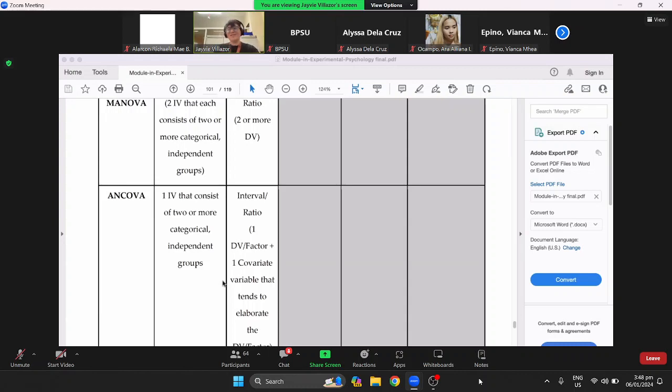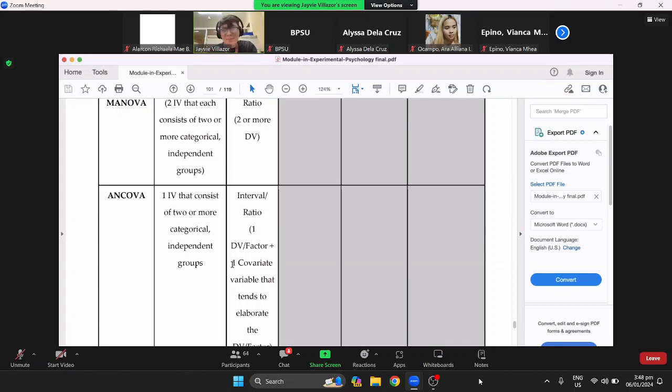Sige. Let's say, for example, ang independent variable natin isa. Okay? Ang dependent variable natin isa. Pero ang dependent variable, kailangan meron siyang associated na covariate. Okay? Yun. So, let's have an example. Ito.